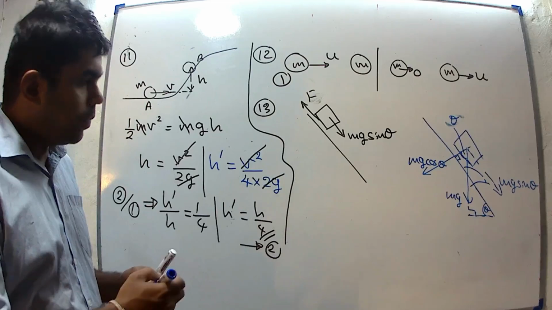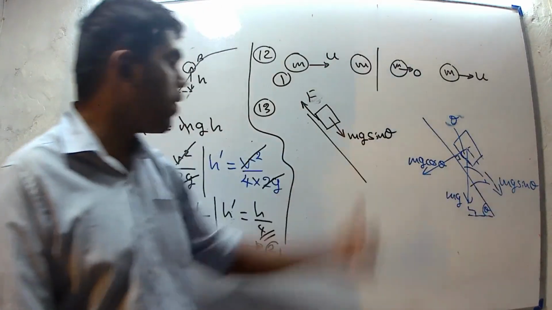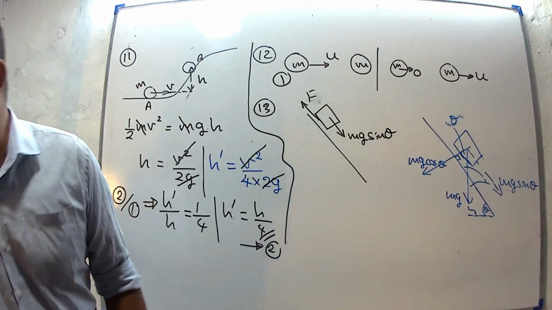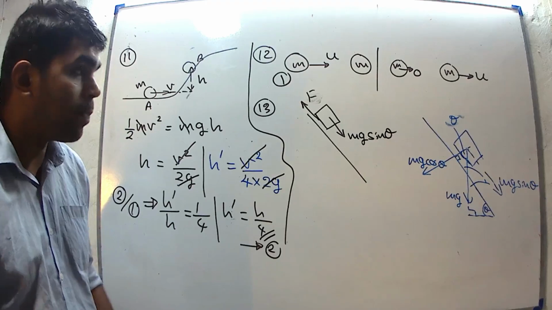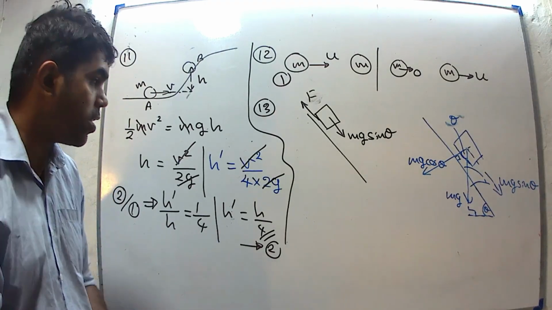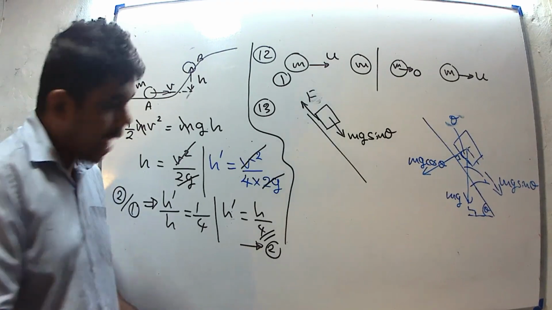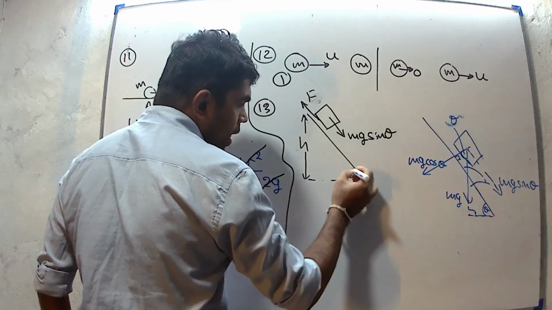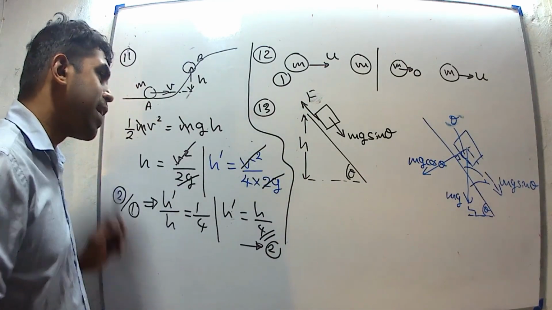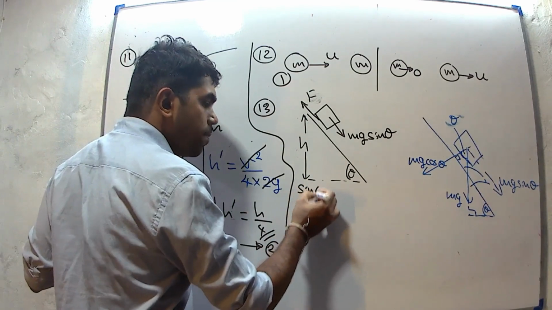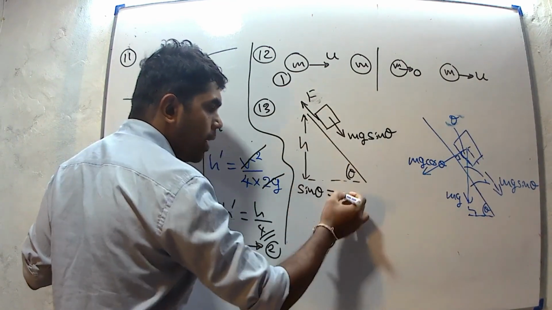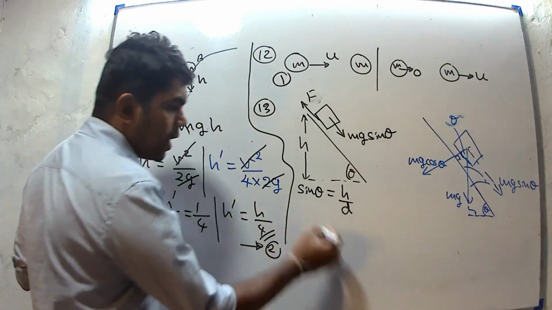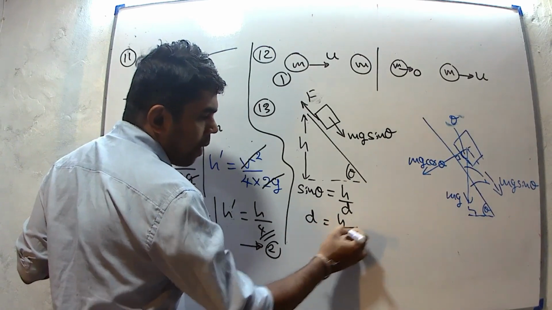Now we have to consider mg sin theta equals the frictional force. And we know that work done against friction is frictional force multiplied by the distance moved. Now they have given that this height is h and this angle is theta. Therefore we can write sin theta equals h divided by the distance moved by the object. I will consider it as d. Then we can find d equals h divided by sin theta.